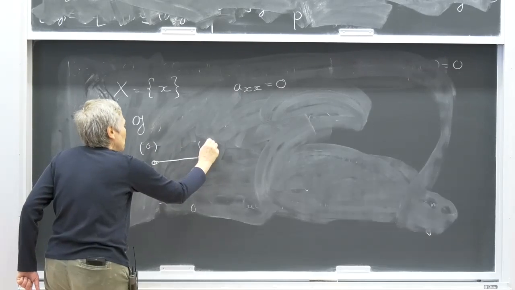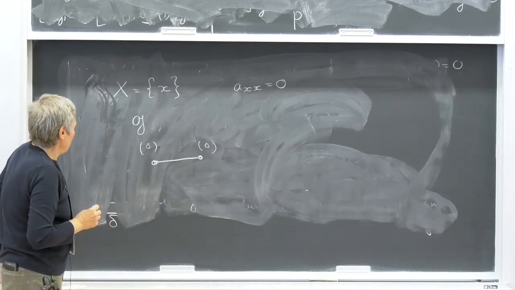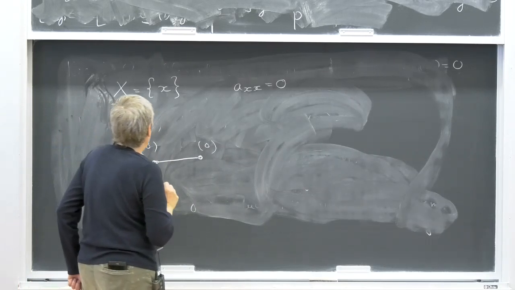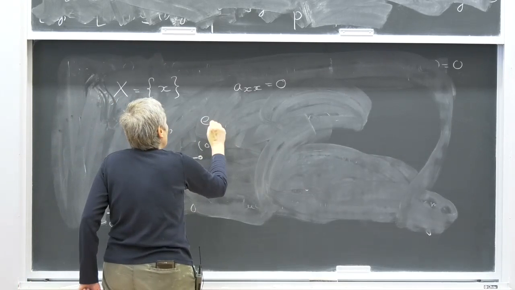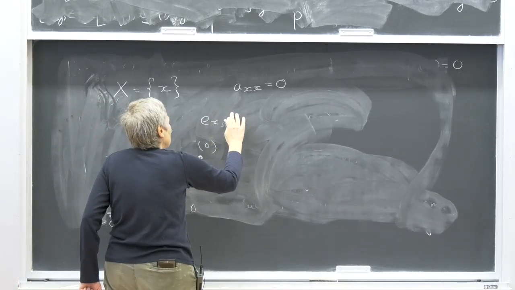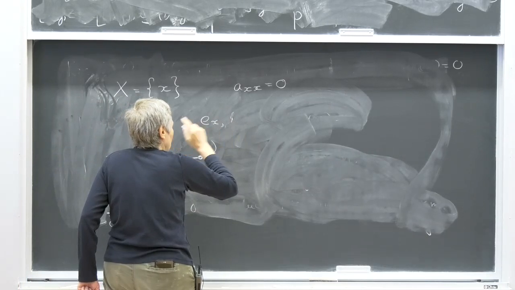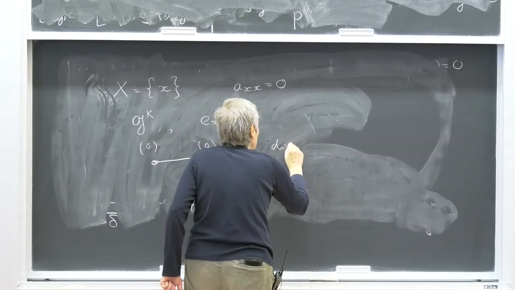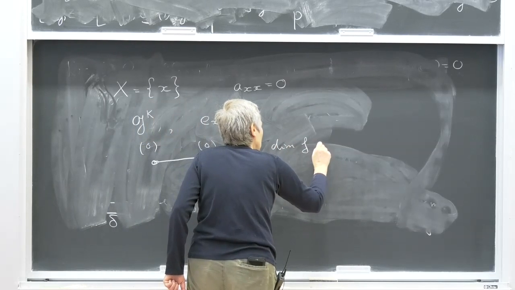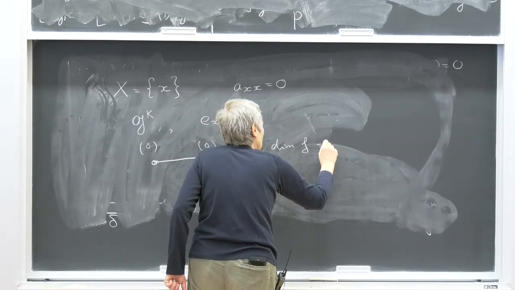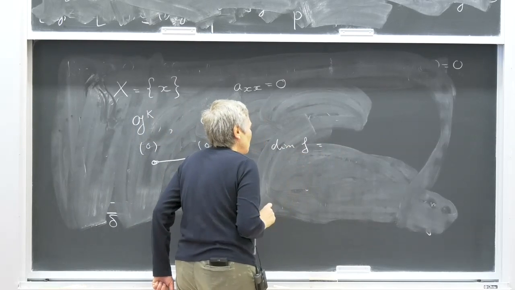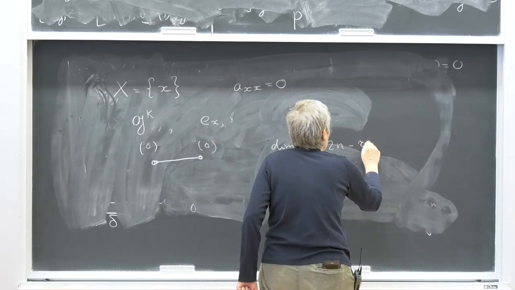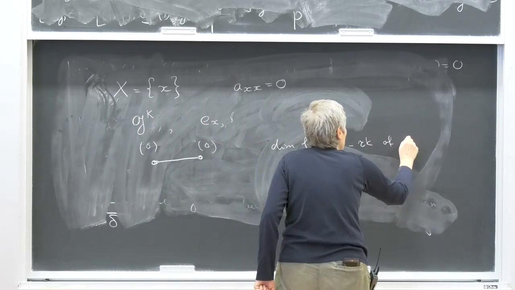Of course, the algebra, I have g_K, and g_K is generated by e_x, f_x. The dimension of h is 2, because I should say that the dimension of h is 2n minus the rank of the Cartan matrix.